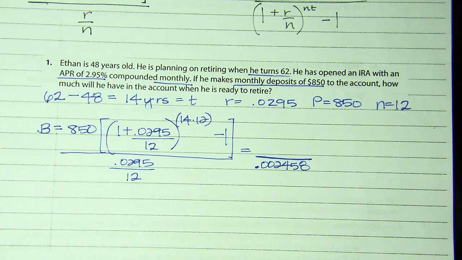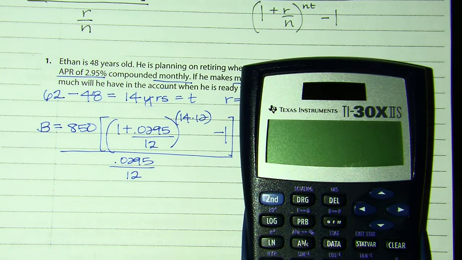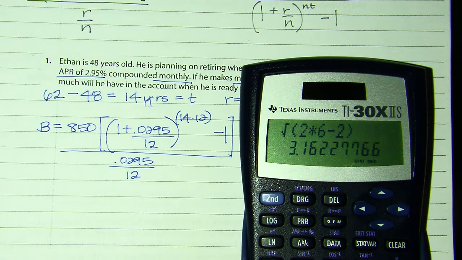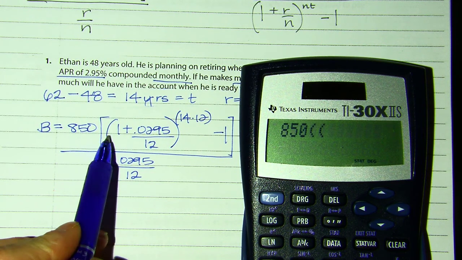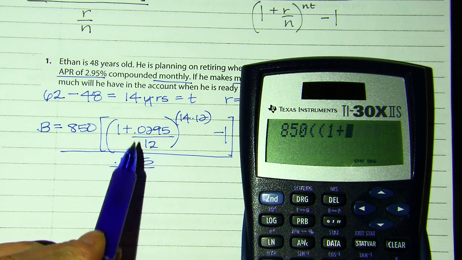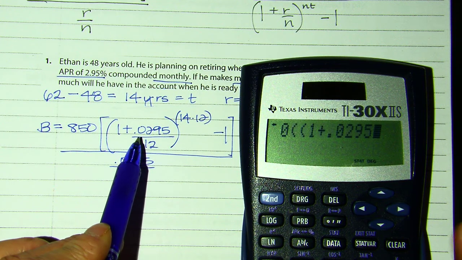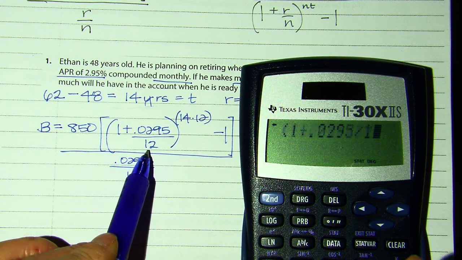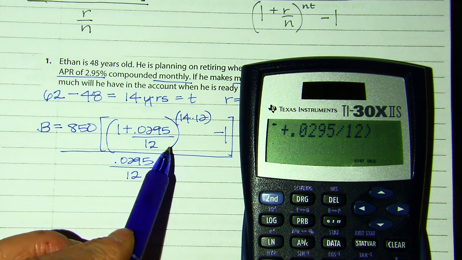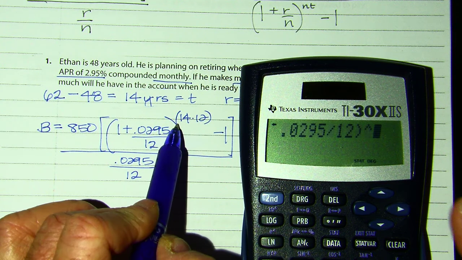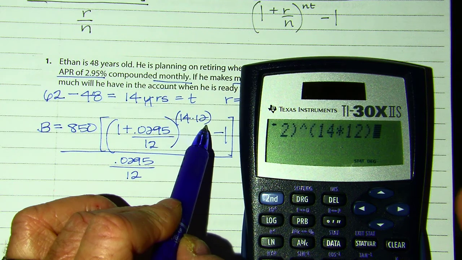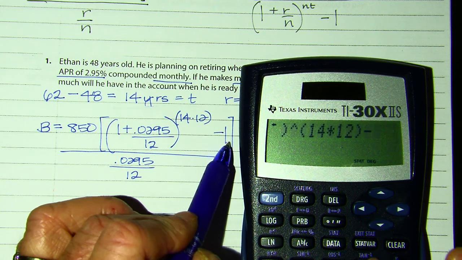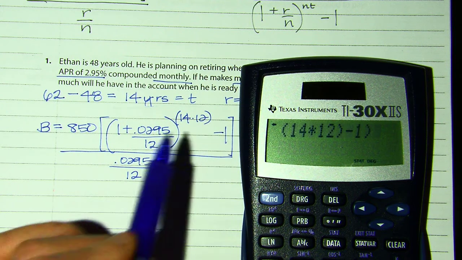So grabbing my calculator, it's a lot to enter: 850 times parentheses, and then another parentheses because that's what this bracket is. So 1 plus 0.0295 divided by 12, parentheses, and then my exponent button, parentheses, 14 times 12, parentheses, minus 1, parentheses.